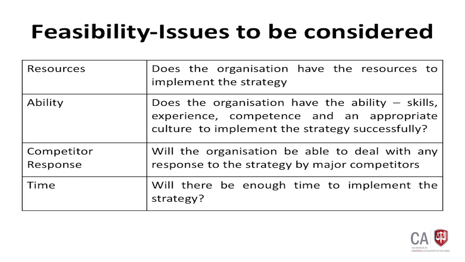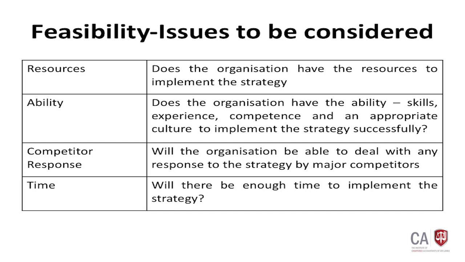Under resources, we will check whether we have the required resources to implement the strategy. If you do not have the required resources, then it will not be successful. Then ability, under that we will check whether the organization has the ability, skills, experience, competence and appropriate culture to implement the strategy successfully.